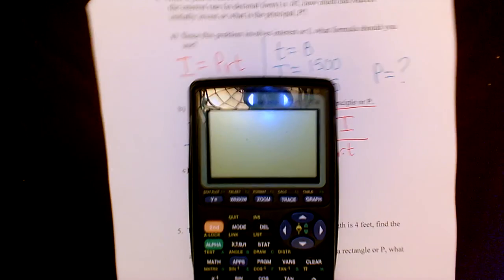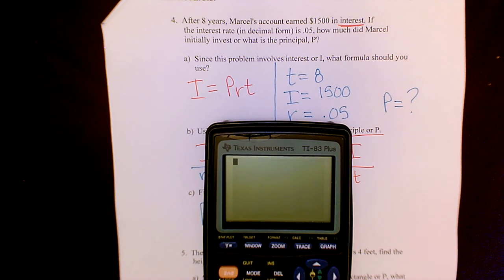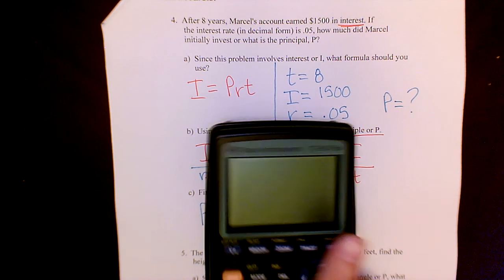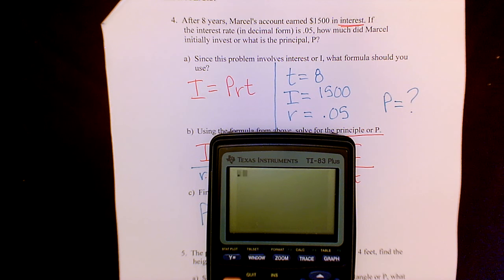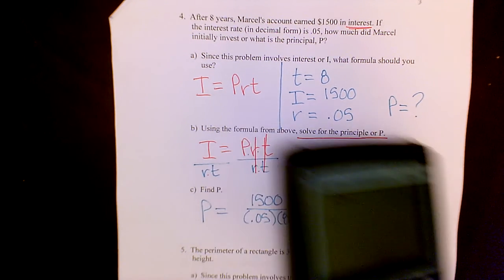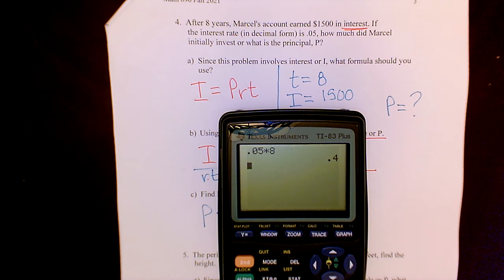So let's see. Let me get rid of that last problem. And let's see, I think I'm going to do it that way. So 0.05 times 8 years, I get 0.4. So then I'm going to take 1,500 and divide that by 0.4.